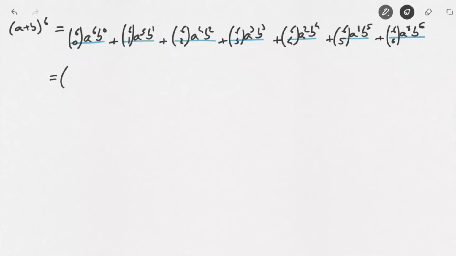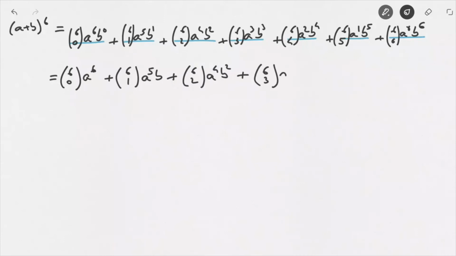So that would lead to this. 6, 0 times a to the power of 6 plus 6, 1 times a to the power of 5 times b plus 6, 2 times a to the power of 4 times b squared plus 6, 3 times a to the power of 3 times b to the power of 3 plus 6, 4 times a to the power of 2 times b to the power of 4 plus 6, 5 times a times b to the power of 5 plus the final term 6, 6 times b to the power of 6. And the job's done.